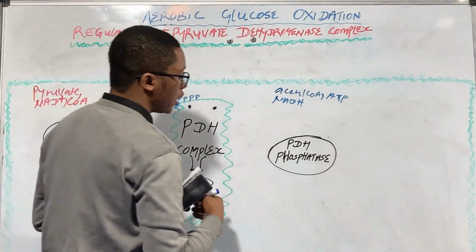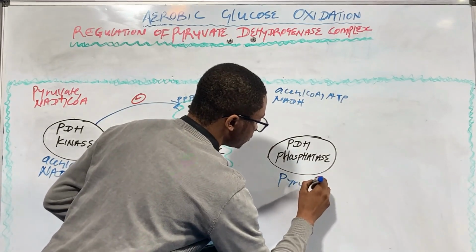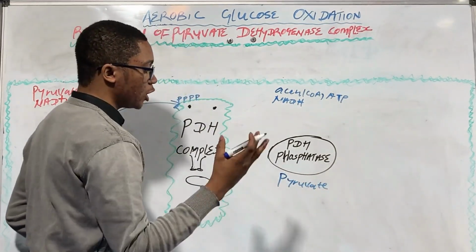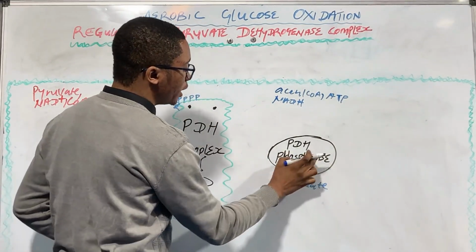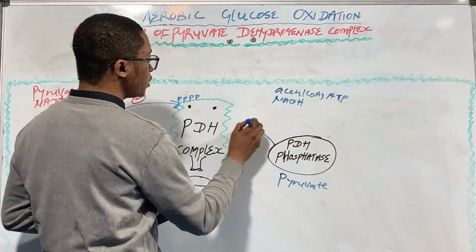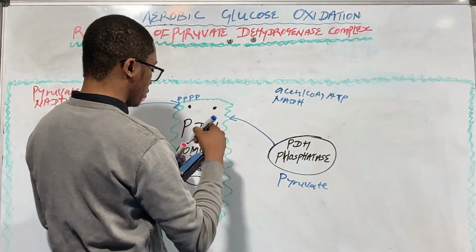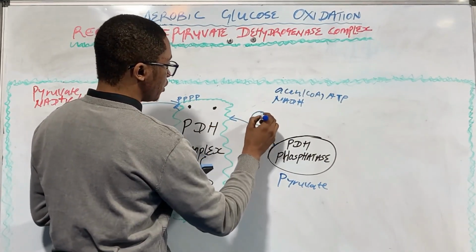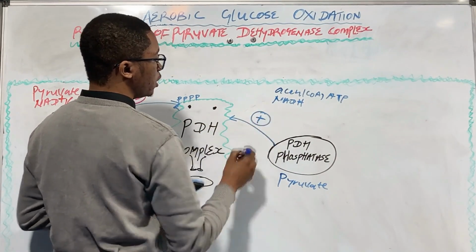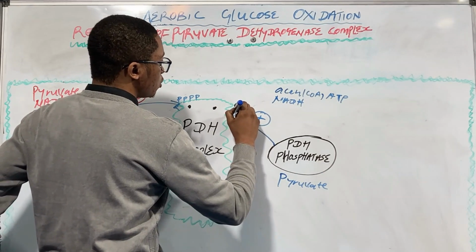Here we have pyruvate. When there is a lot of pyruvate in the body, it stimulates this enzyme, and what this enzyme does is dephosphorylate the complex; it takes off the phosphate groups.